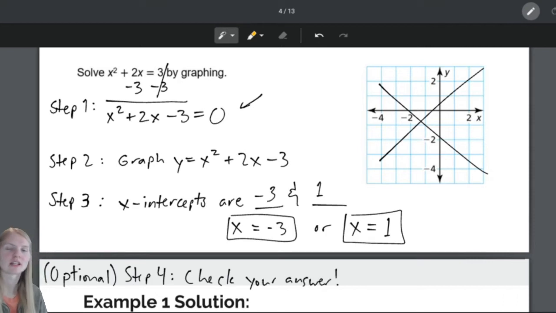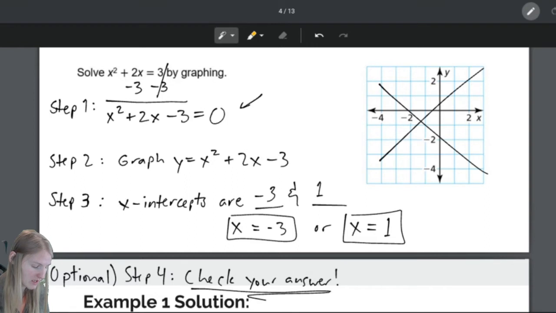It's always a good idea to ask the question in math class, can I check my answer and how? Because when you're doing math in the real world, say you're building a bridge with a team of physicists or something, good idea to check your answer before you let people drive on that thing, because you could kill people. So, checking your answer is always a good idea.